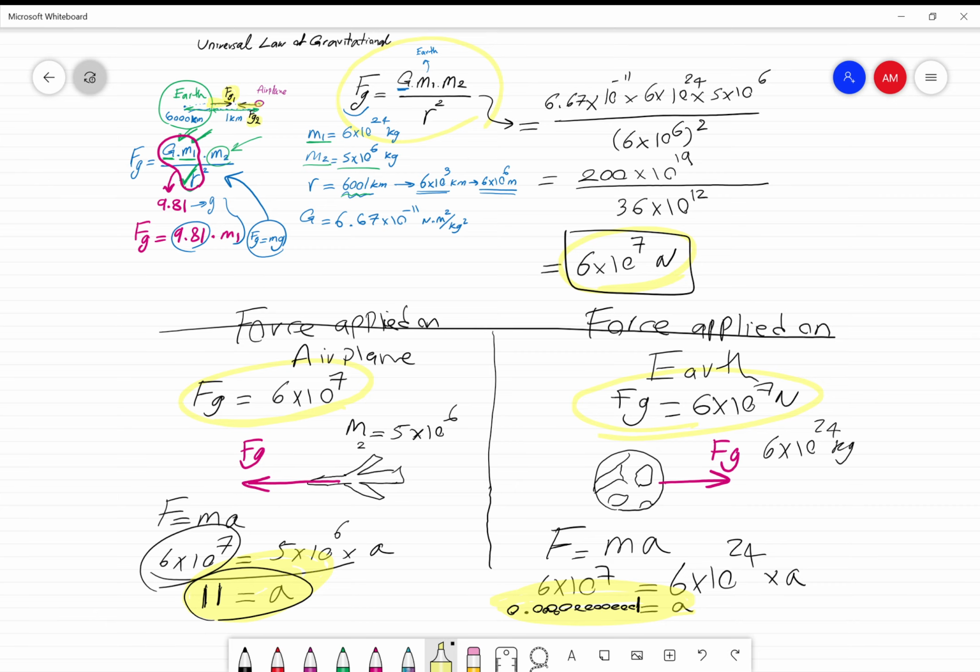So airplane is pulling Earth towards itself, and as a result Earth is actually moving towards airplane, but with a very, very low acceleration, which is almost zero. Probably the airplane is moving and going around and finishes its destination and even turns off and is gone before Earth even feels an acceleration. You know what I mean?